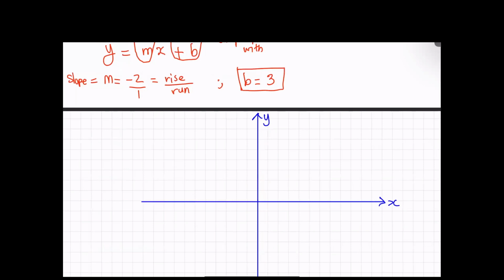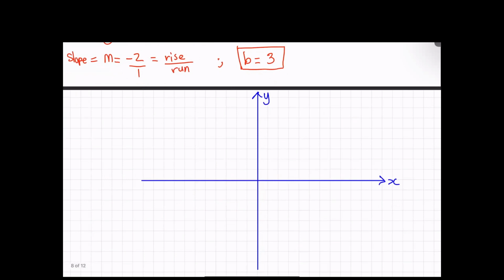So to graph this, we need to start with the y-intercept, which is 3. So 1, 2, 3. Here is the y-intercept. And now our slope, remember m is equal to -2 over 1, which is rise over run. What this means is that your rise is -2, and your run is 1.